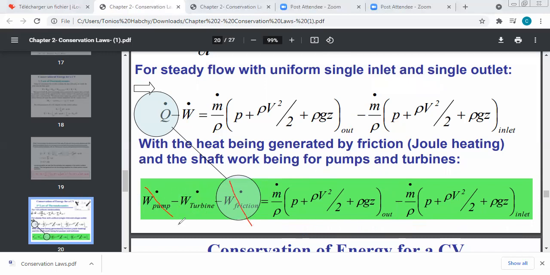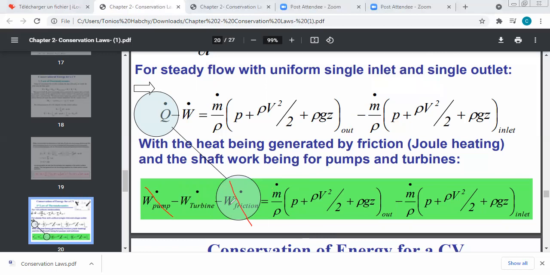If I only have a turbine, since my turbine will try to deliver work to the outside, then if I have a steady application, this means that I don't have accumulation or loss of energy in the system. Who will lose then?